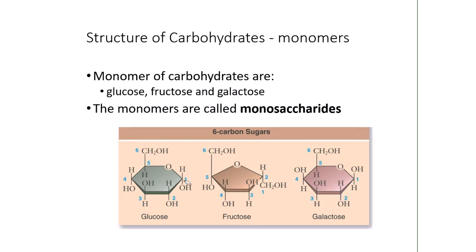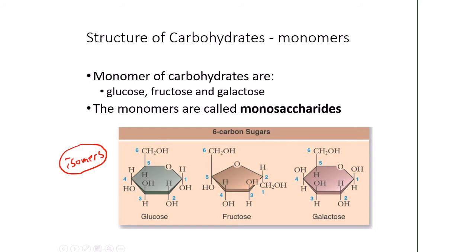Chemically speaking, they are all C6H12O6, but the arrangement of the atoms is a little bit different. So we call these isomers. Not terribly important that you know this term, but for those of you who are interested, isomers are molecules that have the same formula, so they are all C6H12O6, but the configuration is different.